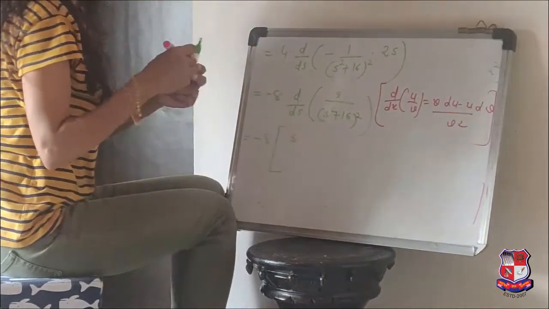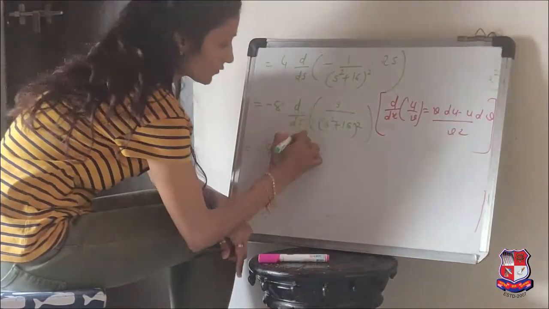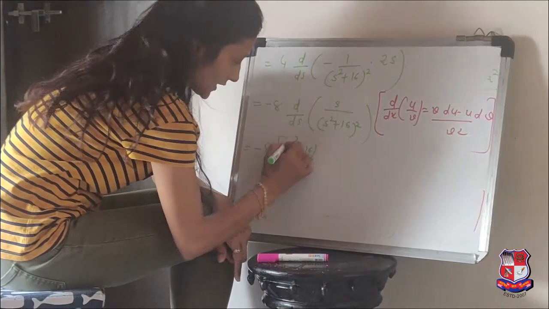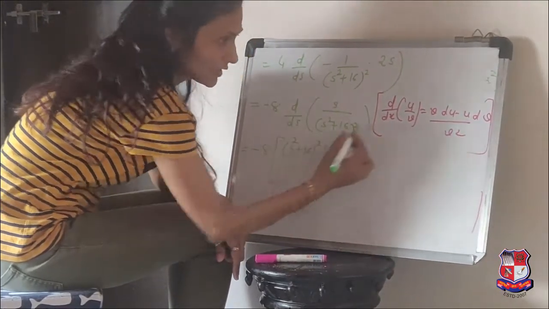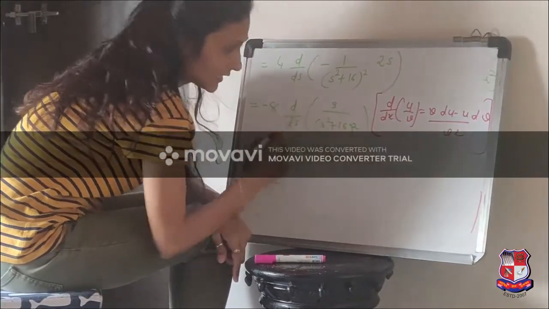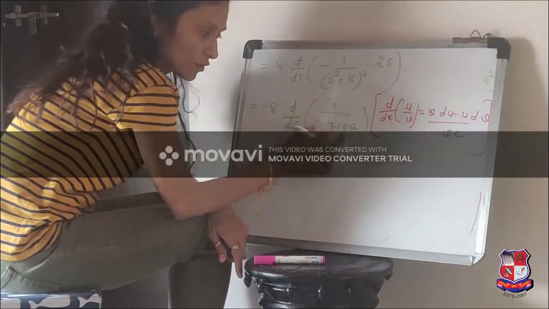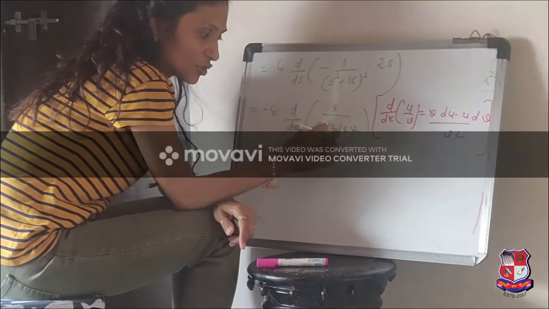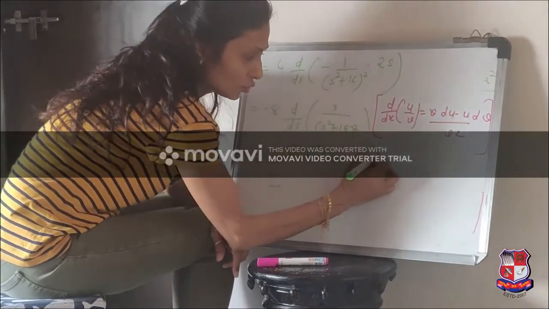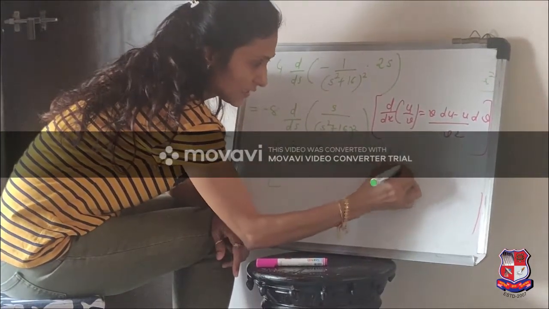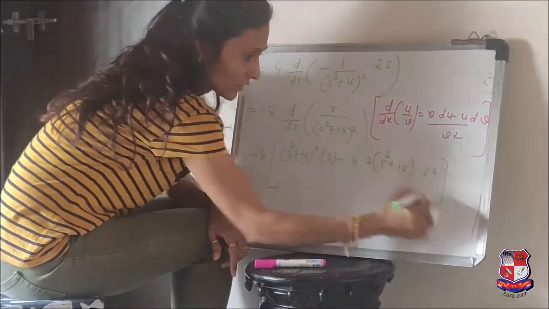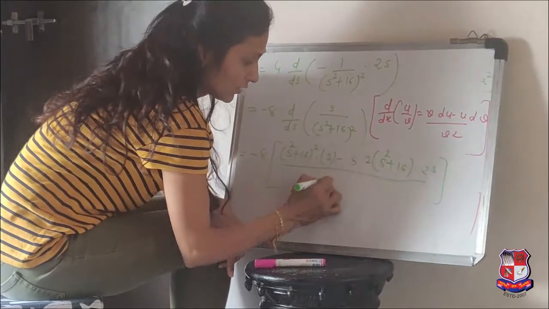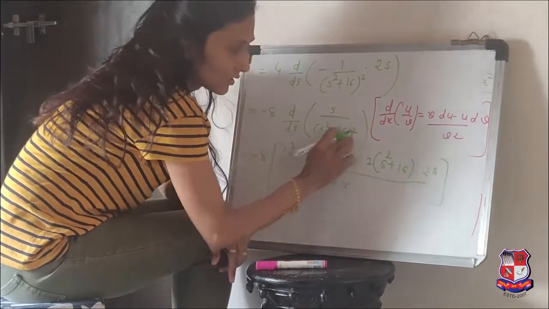We use this rule. Therefore s square plus 16 whole square times the derivative of s, that is 1, minus u, that is s as it is, times the derivative of v. First we take the derivative of x raised to n, that is 2 into s square plus 16, then the derivative of s square, that is 2s, over s square plus 16 whole square.